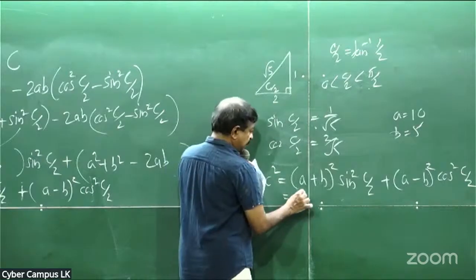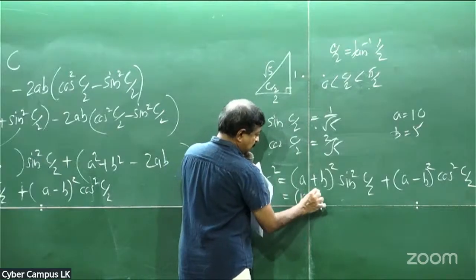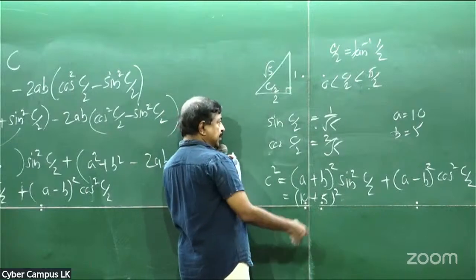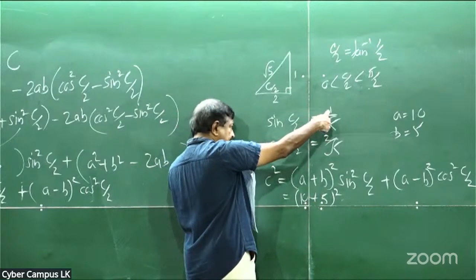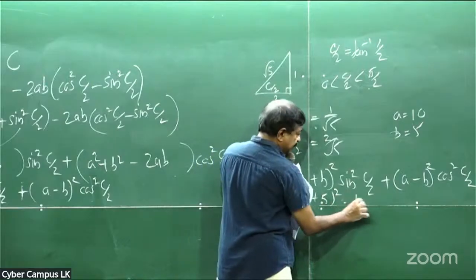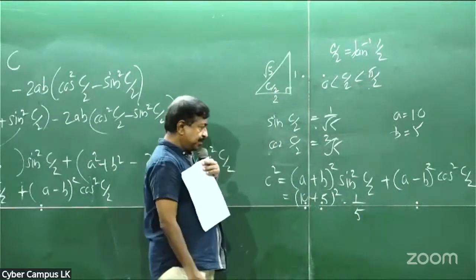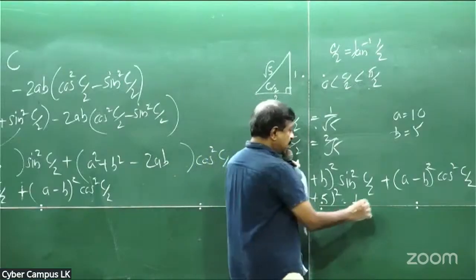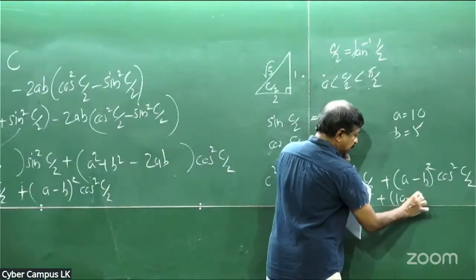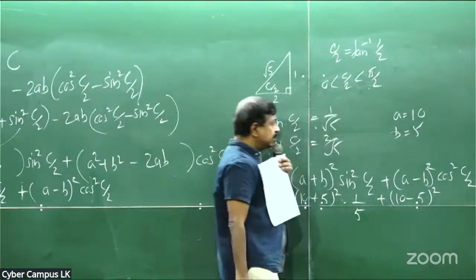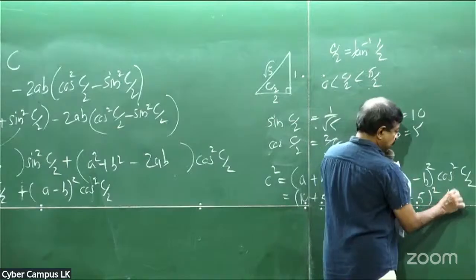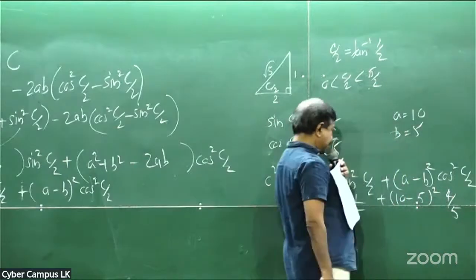Now, A is 10, B is 5. Sine C over 2 is this, so sine squared C over 2 is 1 over 5. Some factors will go away. So that makes sense. A minus B, 10 minus 5, quantity squared, times cosine squared. Cosine is 2 over square root 5, so it is 4 over 5.